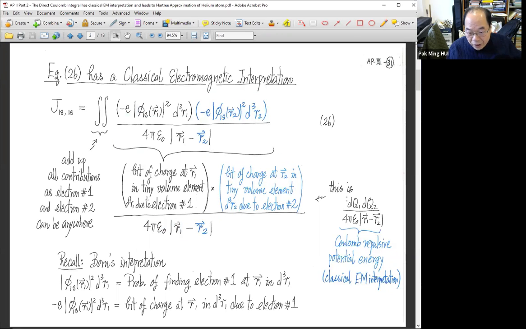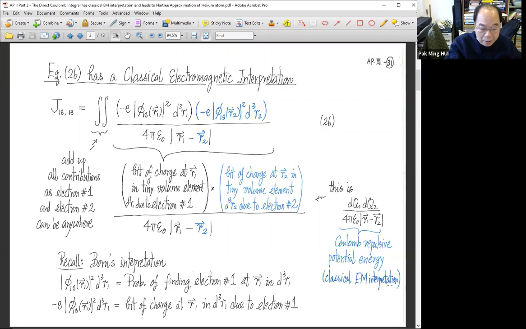Do you see it's the same thing as a bit of charge at one place interacting with a bit of charge of the same sign in another place, and this is the Coulomb repulsive potential energy. Okay? So let me summarize. This integral in first order perturbation of the ground state energy has a classical electromagnetic interpretation. Okay, that's the point I want to make.